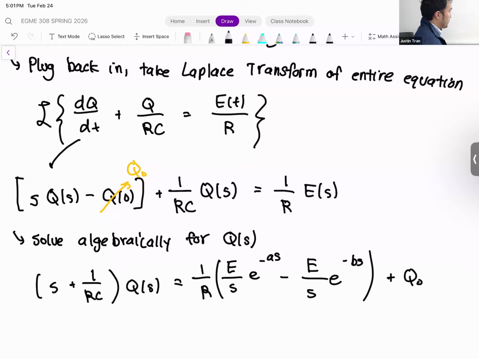Now that we have it in this form, we can solve for Q(s) by dividing by s plus 1 over RC.